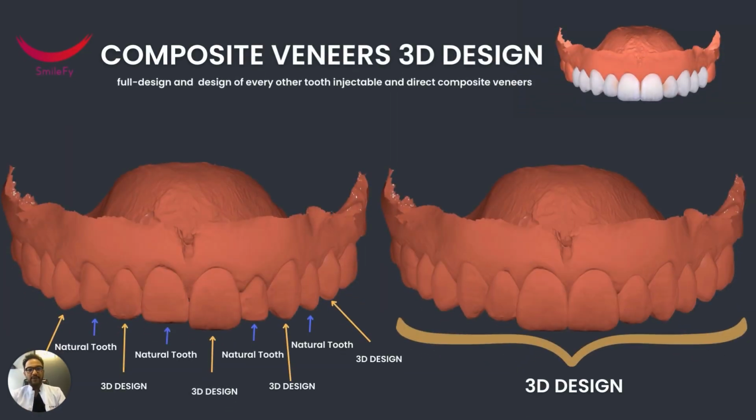Now, the other type of dental wax-up that you can order is the composite veneers, where you will receive two models, one with the full design, and the other model with every other tooth for injectable or direct composite veneers.